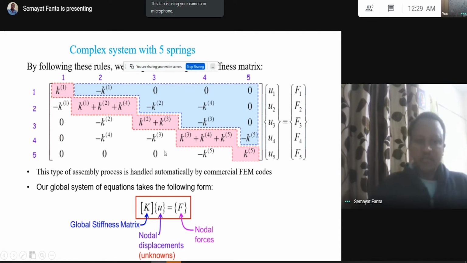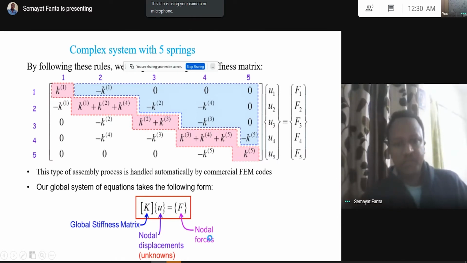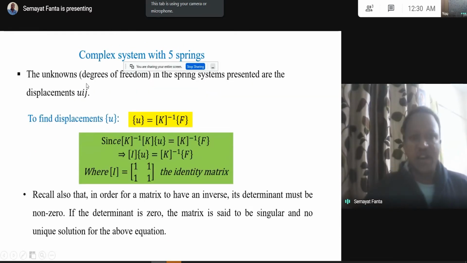In short, we can represent it with the matrix representation Ku equals F. The matrix F implies the nodal forces. So the unknowns in the spring system are the displacements U.